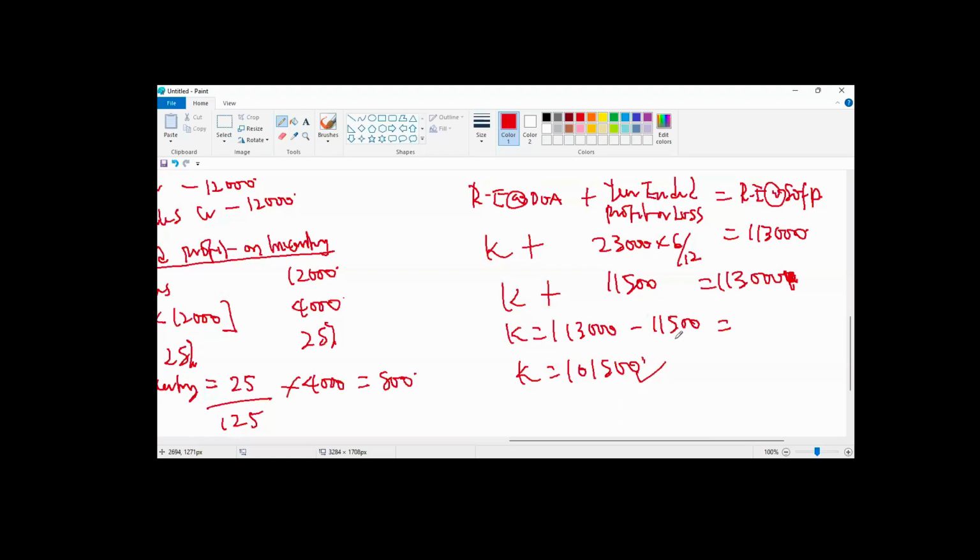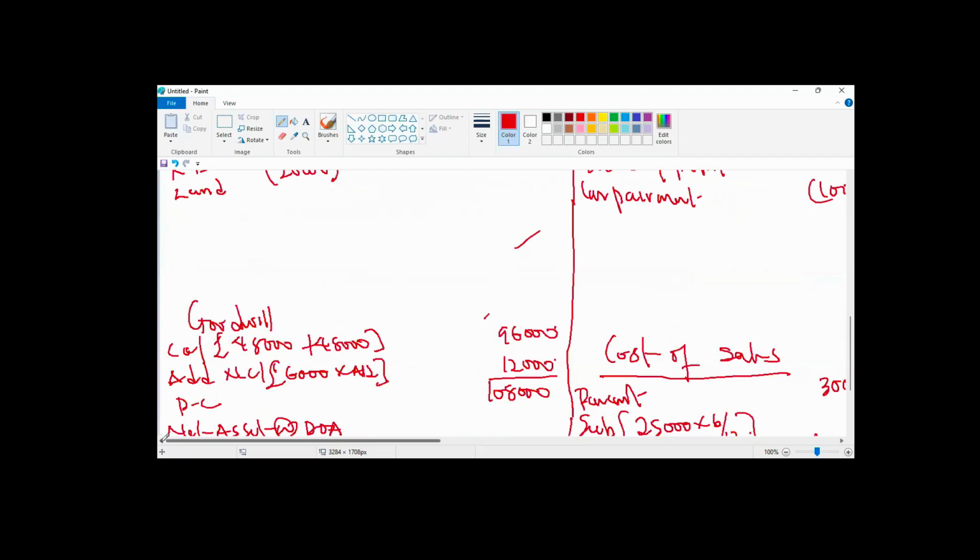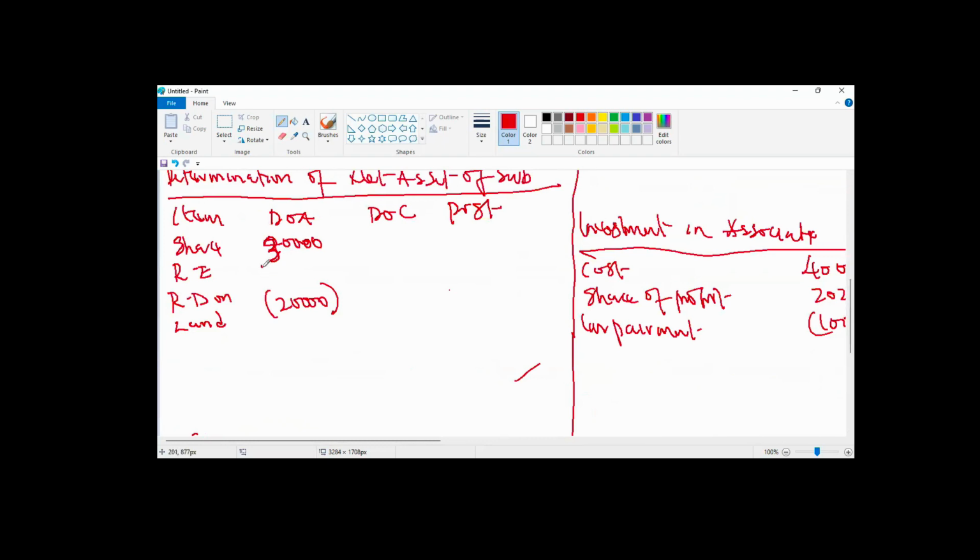What do I do now? I'll go and determine the net assets. I have gotten my retained earnings, 101,500. Sir, we have share premium for the subsidiary. How much is the figure? 15,000.